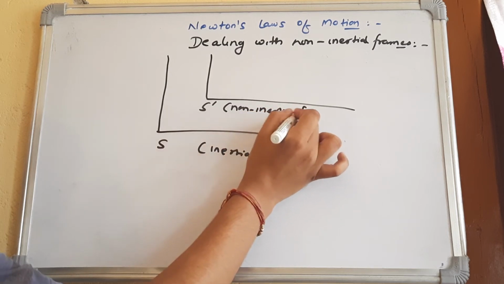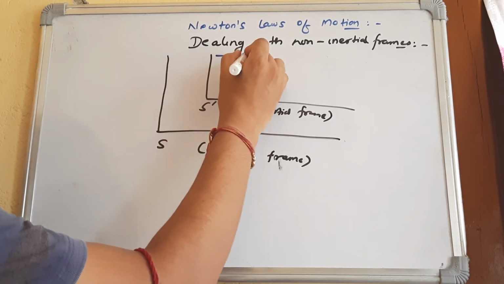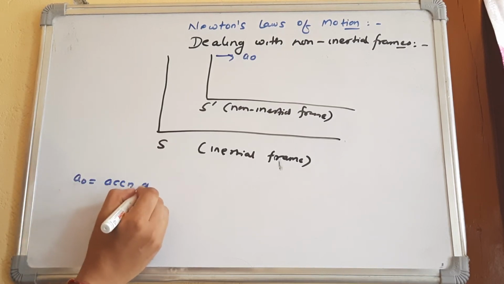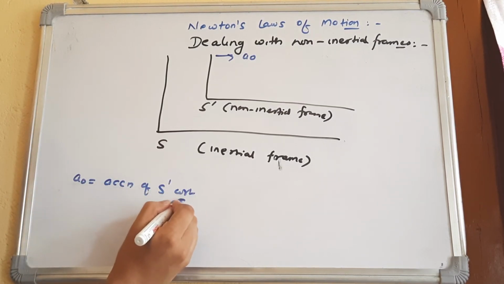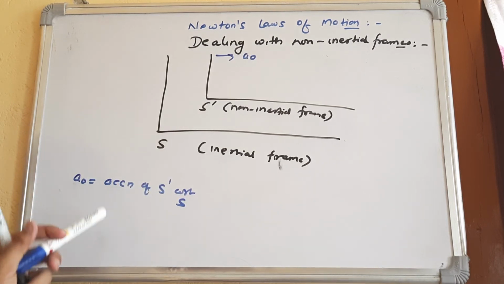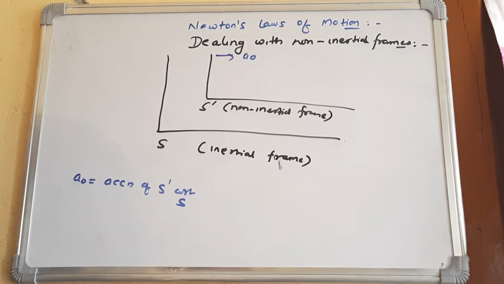Since this is a non-inertial frame, it will have some acceleration. Let's say it has acceleration A naught. So A naught is the acceleration of S dash with respect to S. Correct?